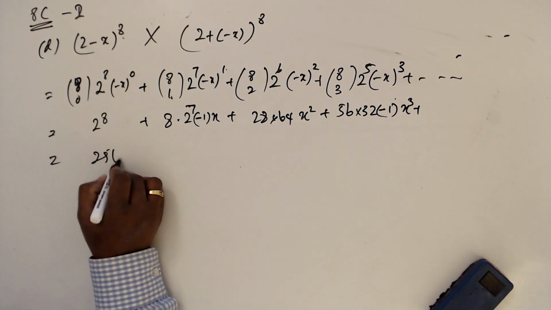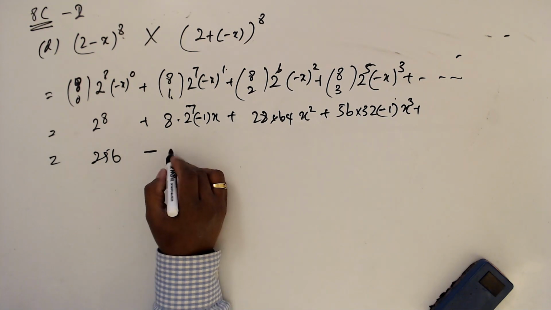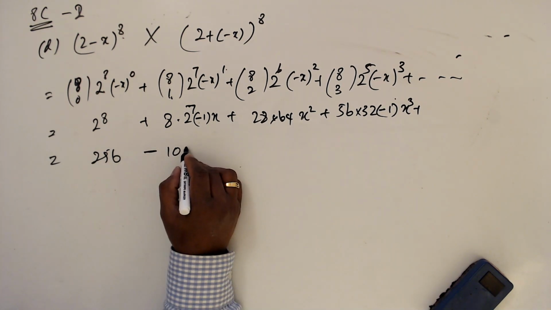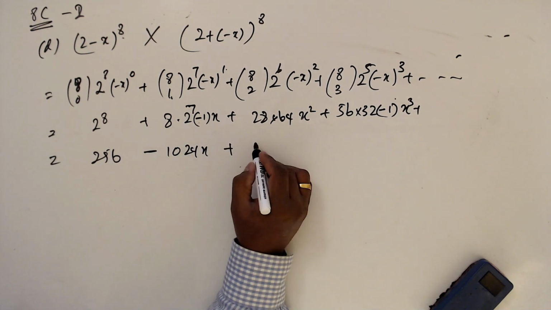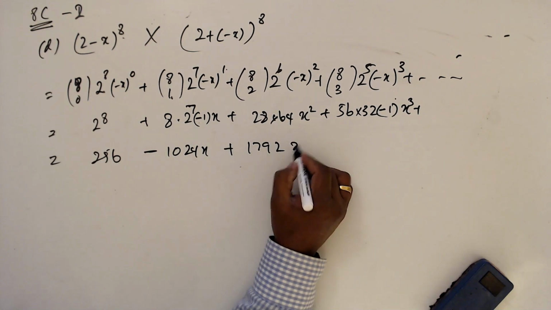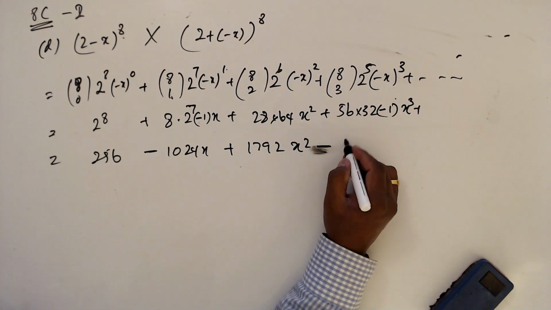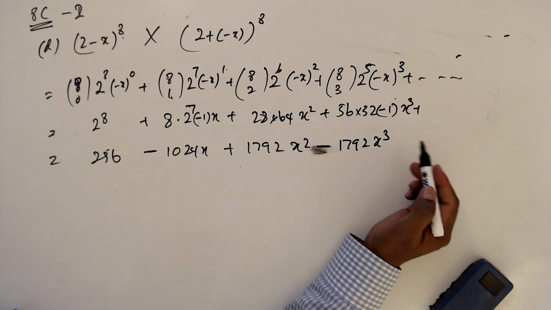This is 256, and this minus being here, this is going to be 1024x, and this minus being here x cube.